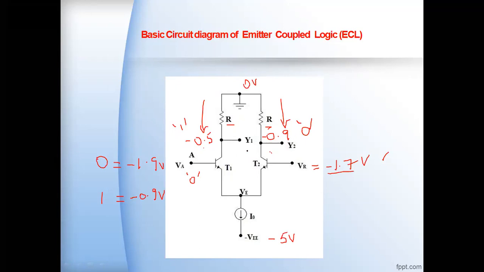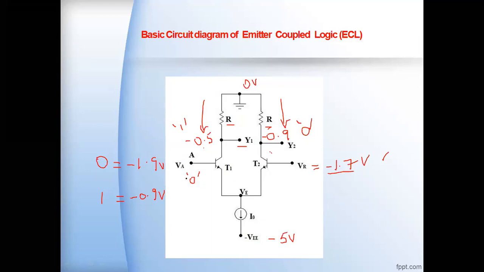So now at the output of the transistors, Y1 is the collector output at the T1 transistor, and Y2 is the collector output at the transistor Q2. Now, if you observe, Y1 is at logic 1 and Y2 is at logic 0 here. So, what is the application at the input?